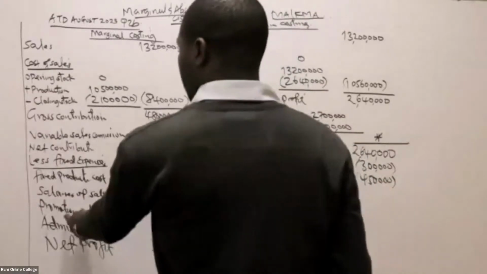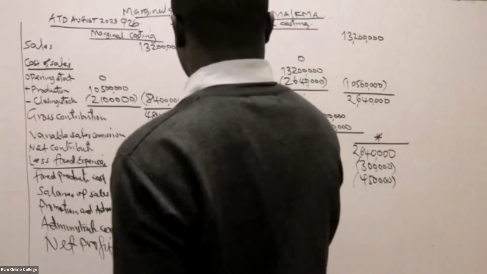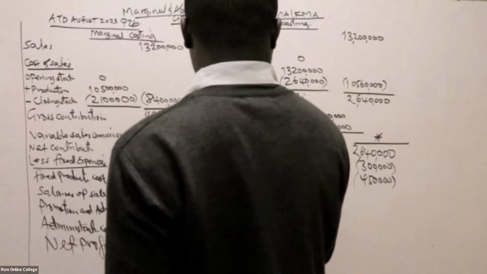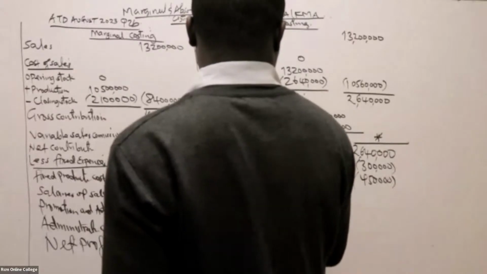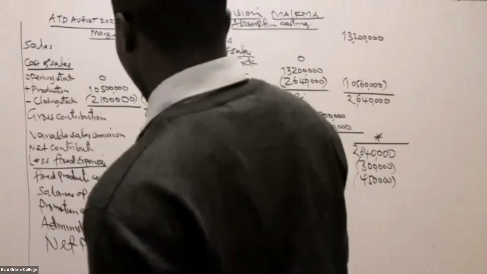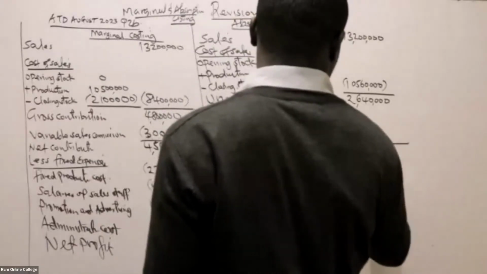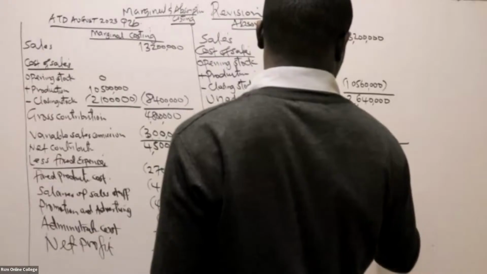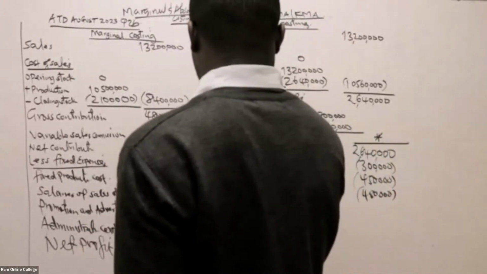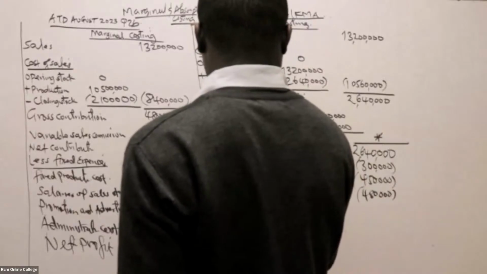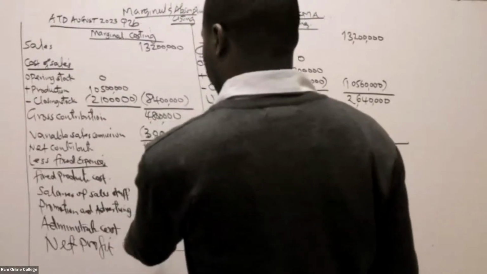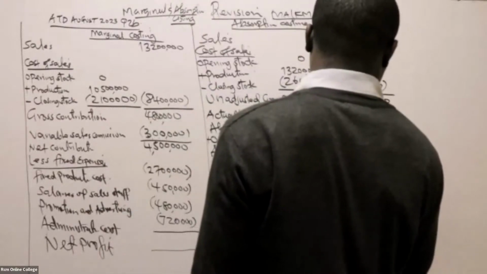Then we go to promotion and advertising, 480,000. Then we go to administrative costs, of how much? 720,000.